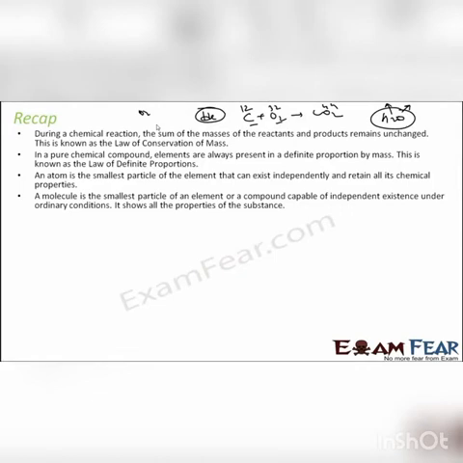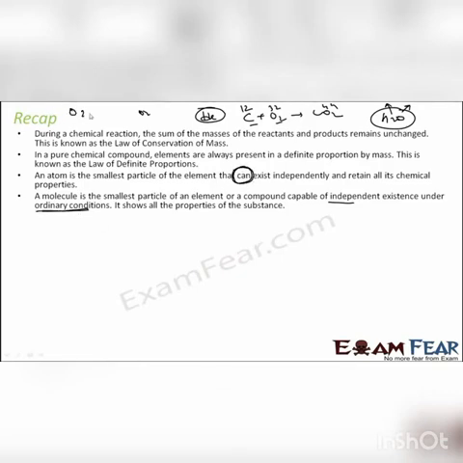Molecule is the smallest particle of an element that is capable of existing independently under all conditions, and it shows all the chemical property. Please note there is a 'can' here, and this is under all conditions.